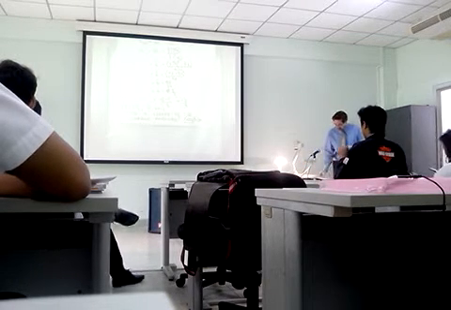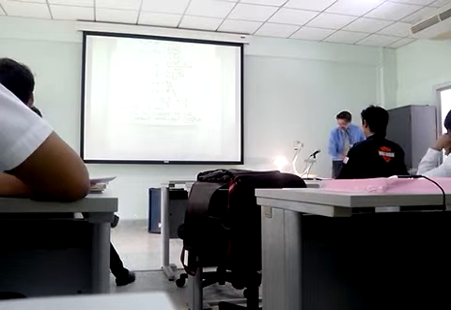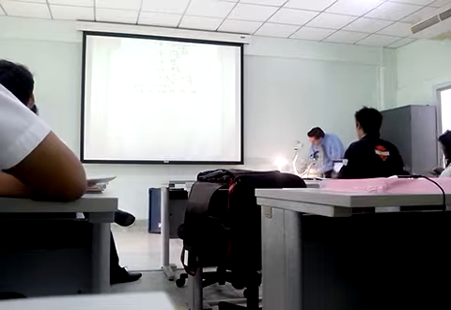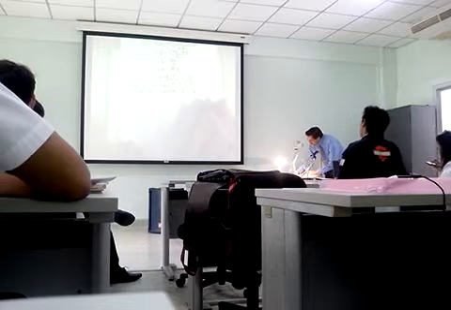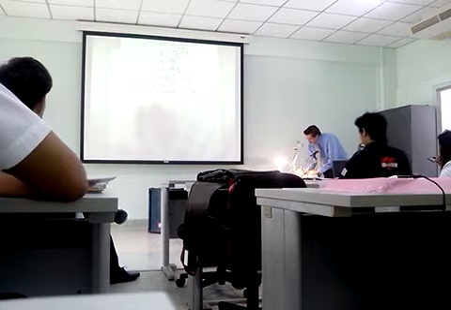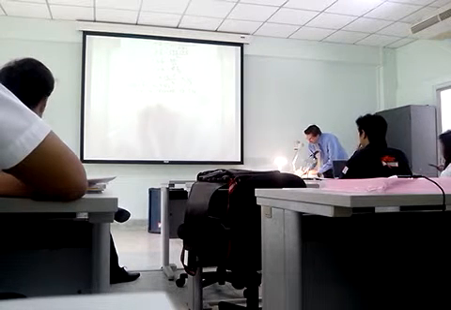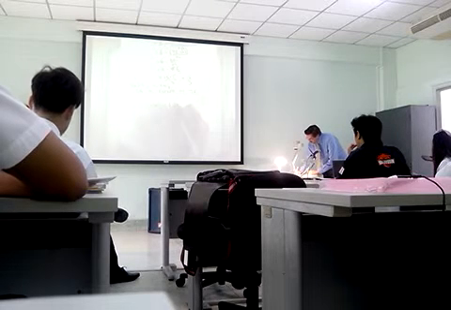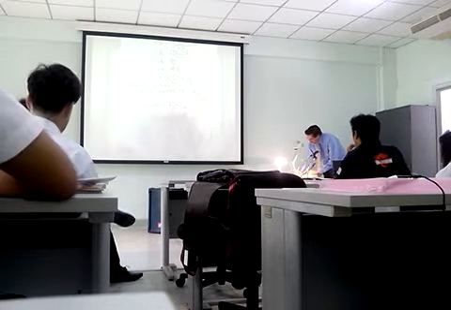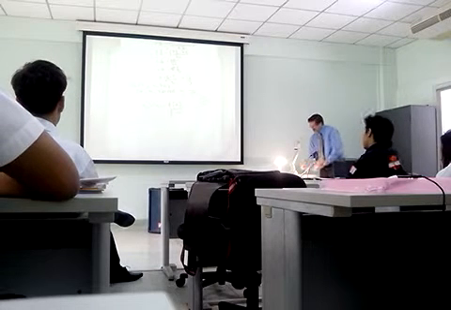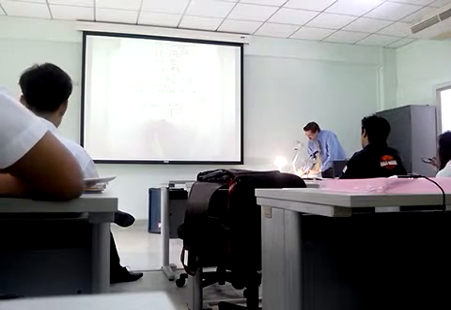So let's try one more iteration. See if you can calculate this one. X2 is x1 minus f of x1 divided by f prime of x1.